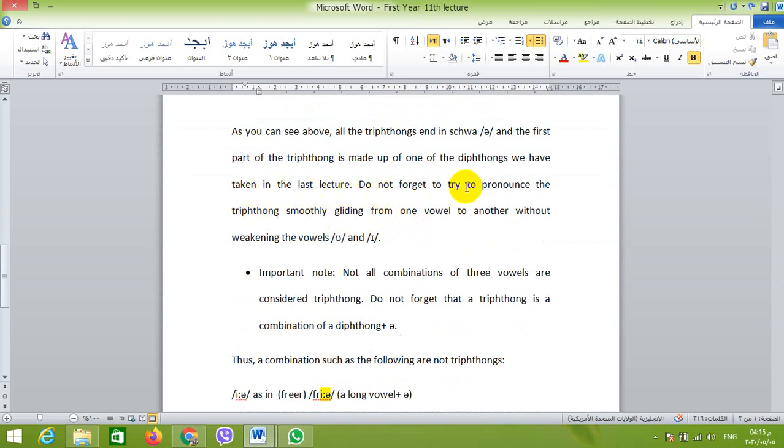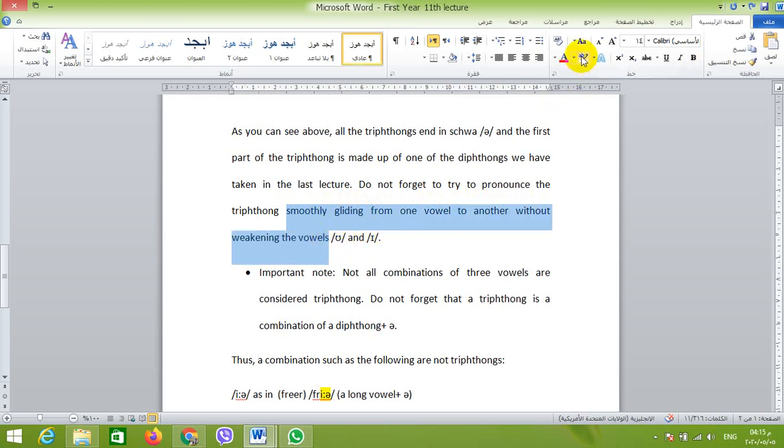Do not forget to try to pronounce the triphthong smoothly, gliding from one vowel to another without weakening the vowels u and e. Don't weaken them. Always try to pronounce them clearly. Don't make them weak or too weak to be heard.